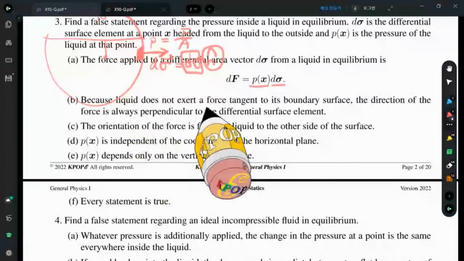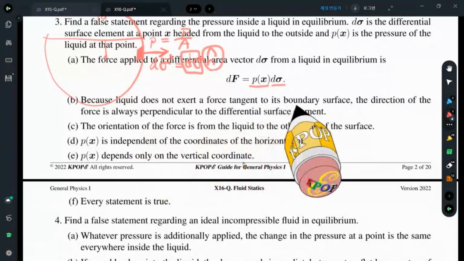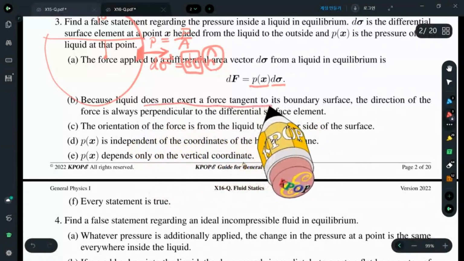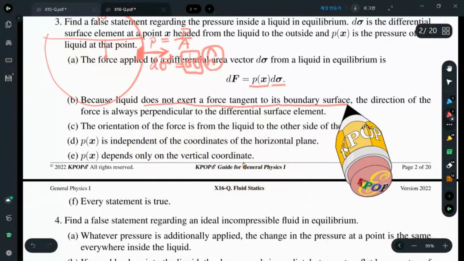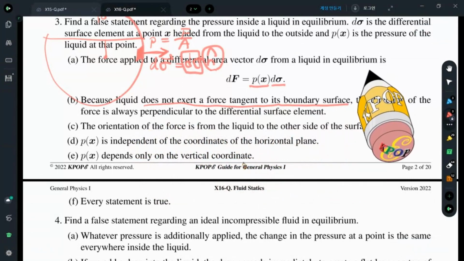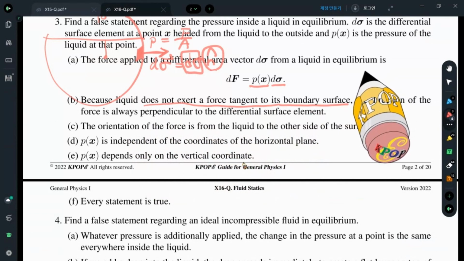Because liquid does not exert the force tangent to its boundary surface. It is because ideal liquid does not have any reaction to the shear force.